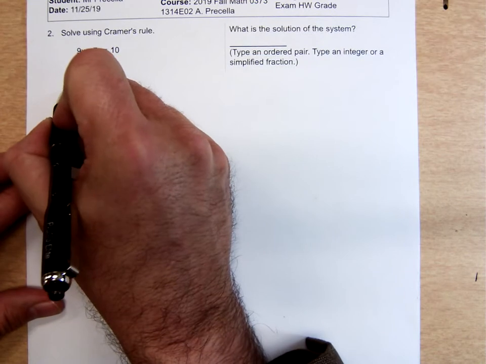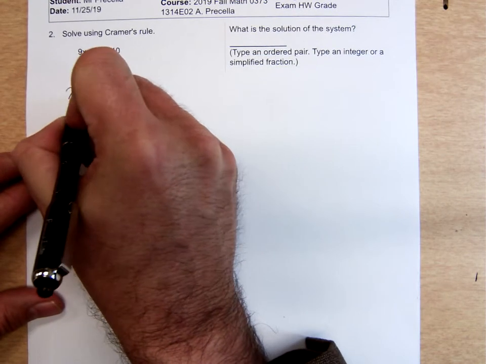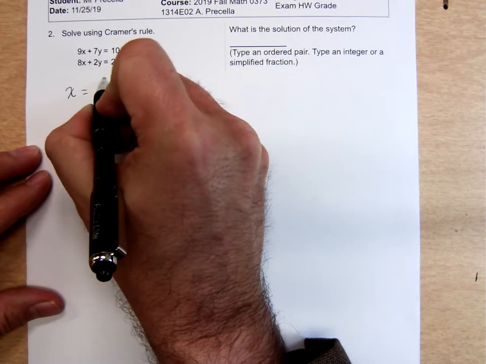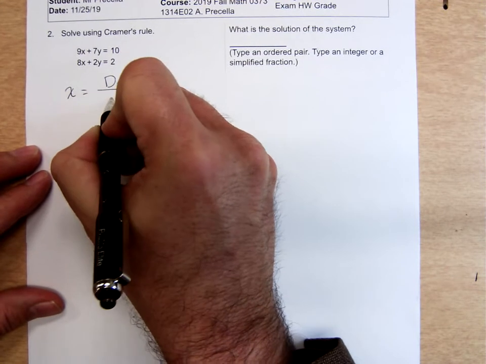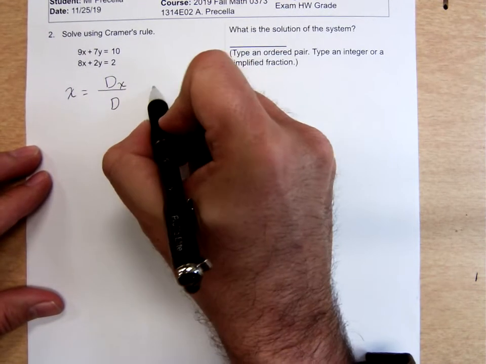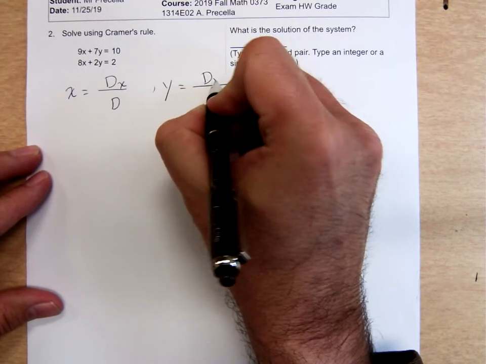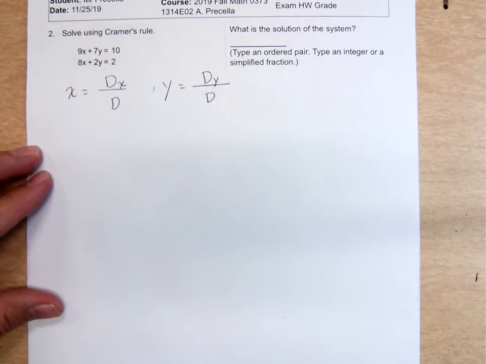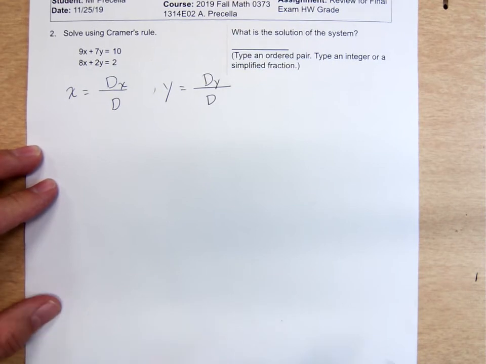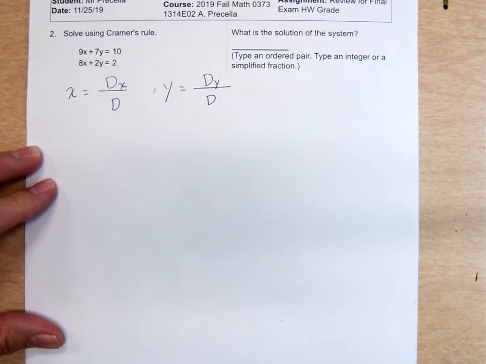I'm going to use Cramer's rule, which said what? Well, x is d subscript x divided by d, and y is d subscript y divided by d. Well, that's fairly meaningless unless you know what the heck all those d's stand for. Well, what's d?